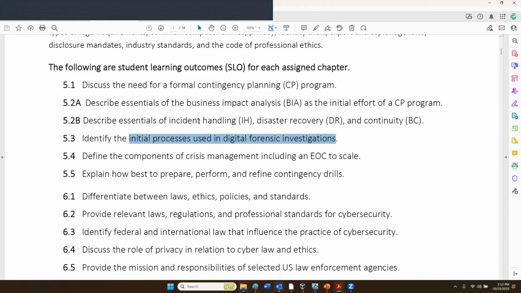So in a worst case scenario, when an incident becomes a disaster, right, there's an emergency operations center that is formed to manage the crisis. So we'll be talking about worst case scenarios, and then how to prepare, perform, and refine contingency drills. That's for the 5th chapter or module of the textbook.